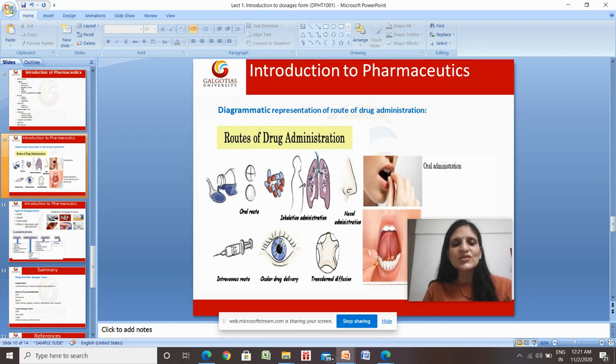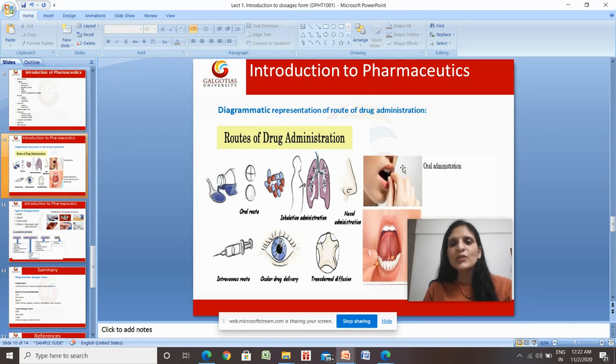Intravenous route is a parenteral route. In this route, drug directly goes into the systemic circulation and is administered with the help of a syringe. Intraocular, that means into the eye cavity. Transdermal, that means dermis means skin. So such dosage forms are administered via topical skin, for example transdermal patches.